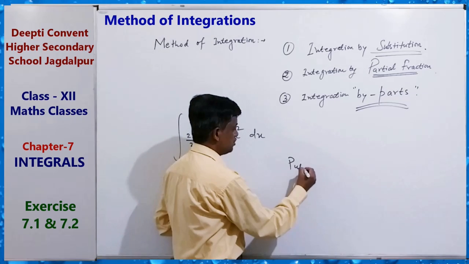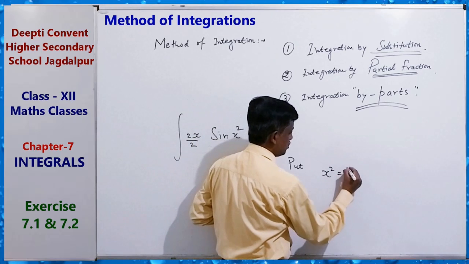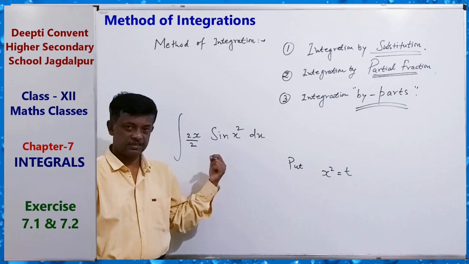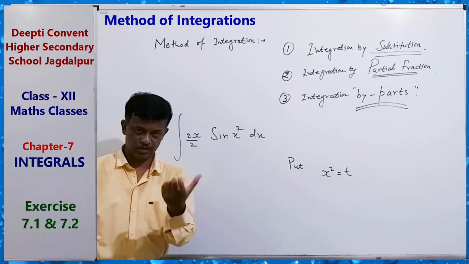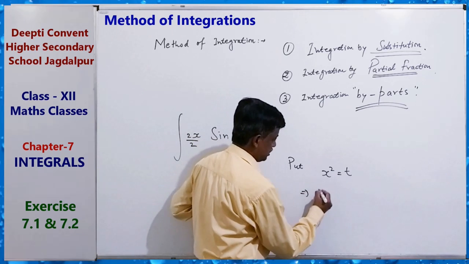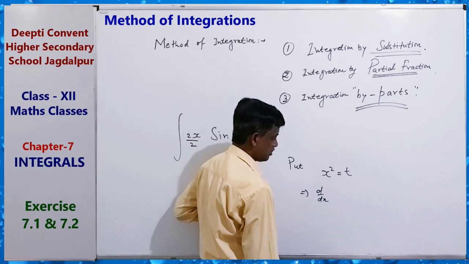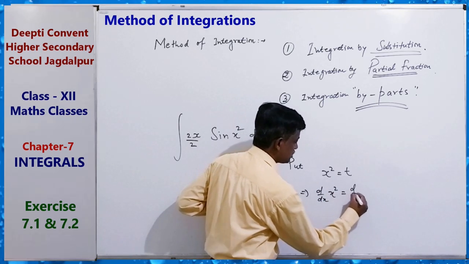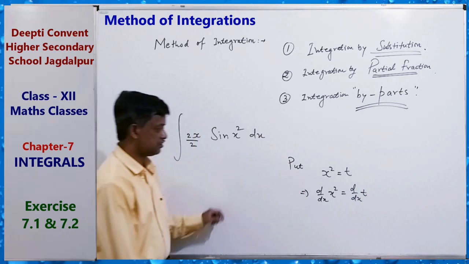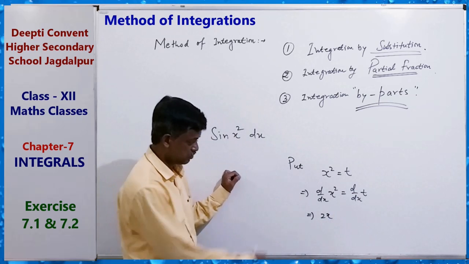Suppose put x square equals t, a new variable. The old variable is x, and x square is also a function of x. Differentiate on both sides: dt by dx equals 2x.